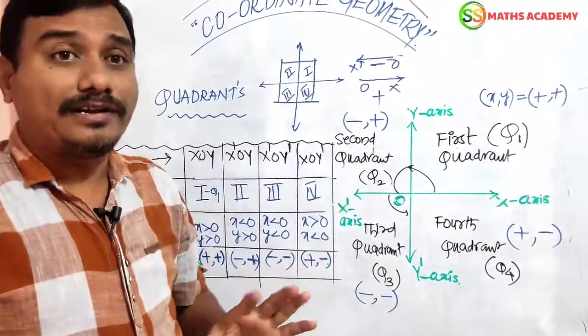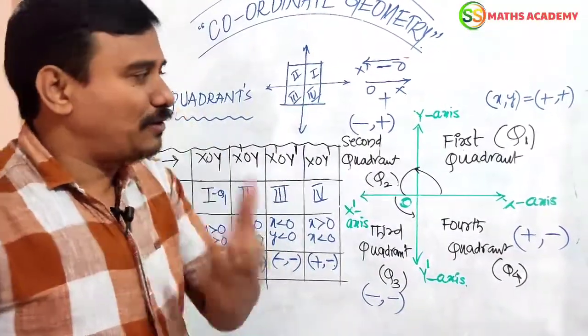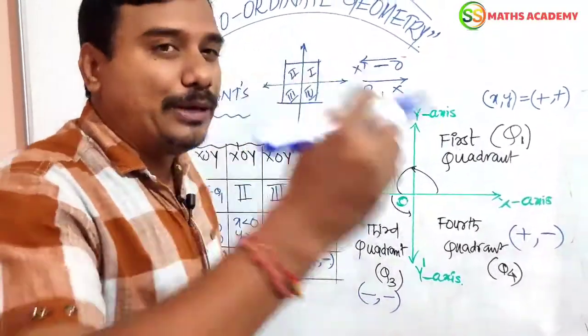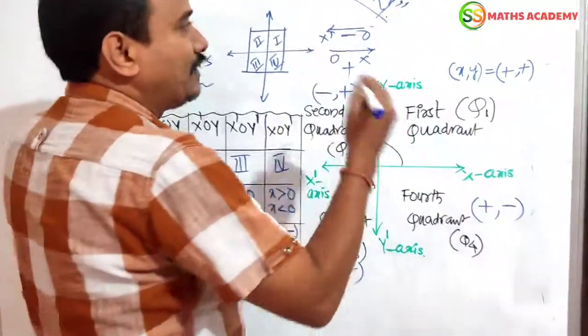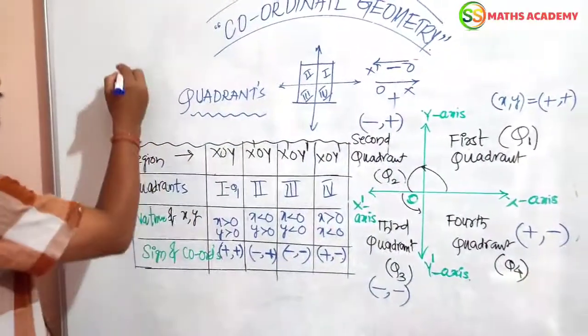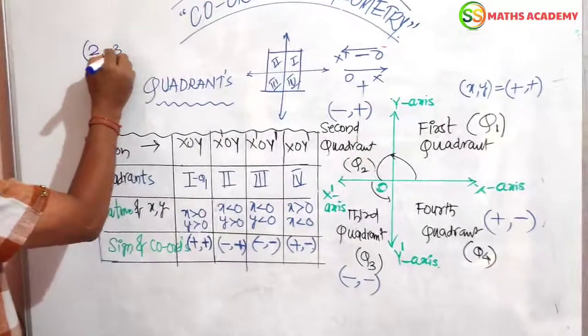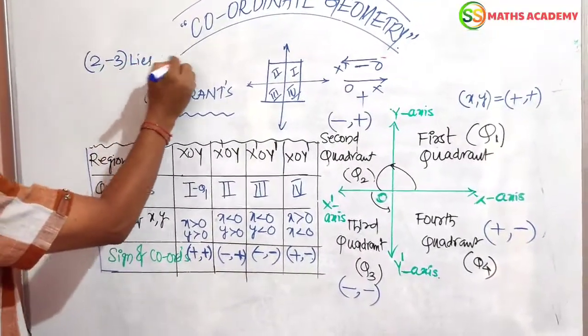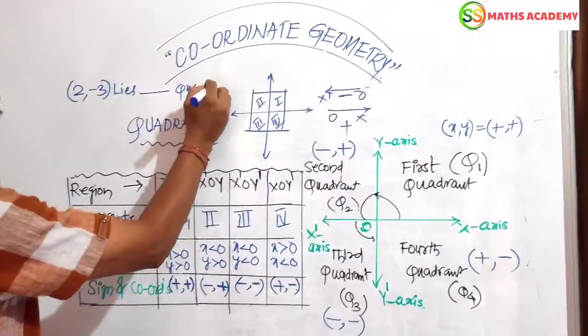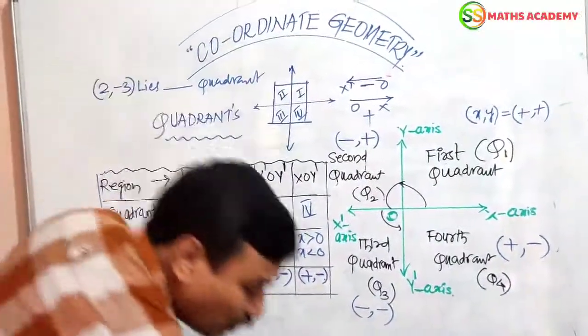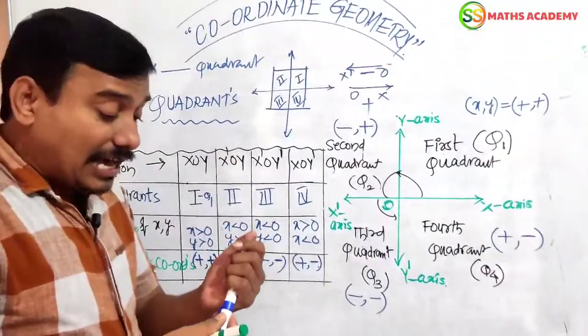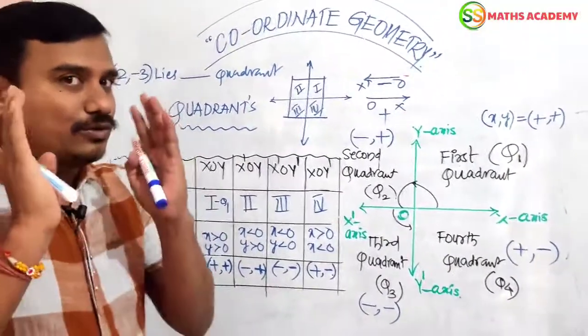Very important point. Now let us see a simple question, a part B question in the board exam. The point 2 comma minus 3 lies in which quadrant? Don't memorize it by heart.